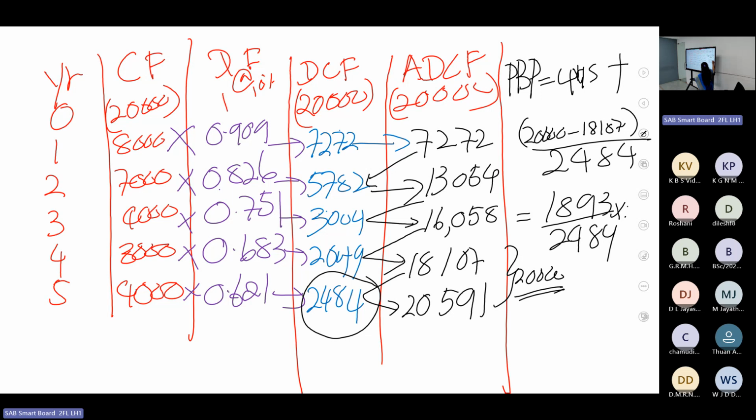How many months do we need to recover this amount if we receive 2,484 during the year? 9 months. So payback period equals 4 years and 9 months.